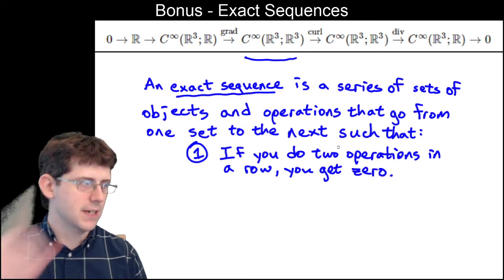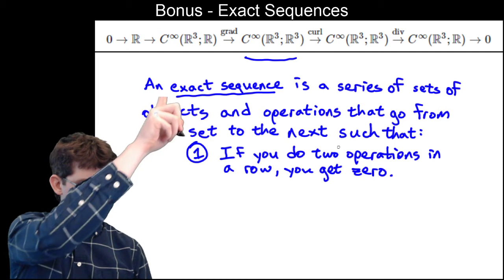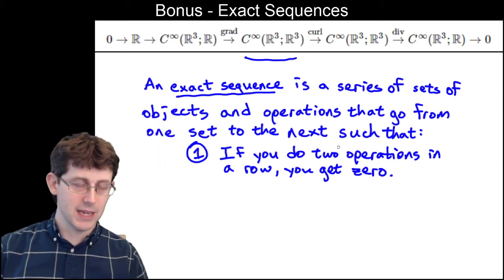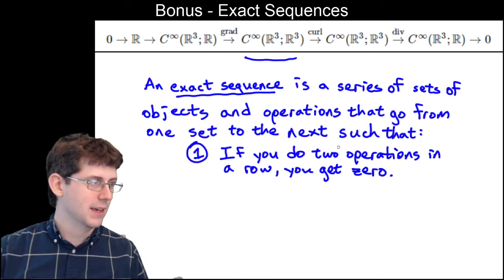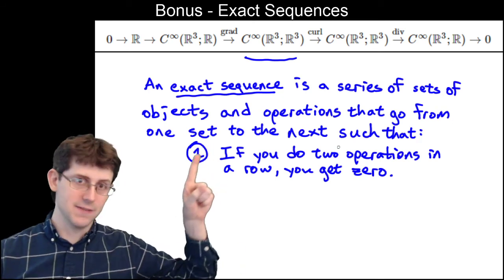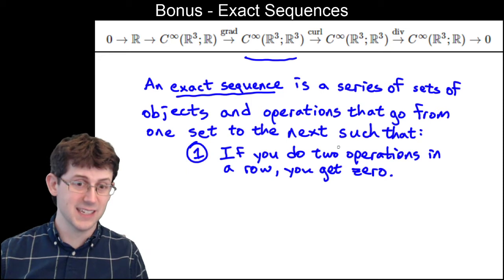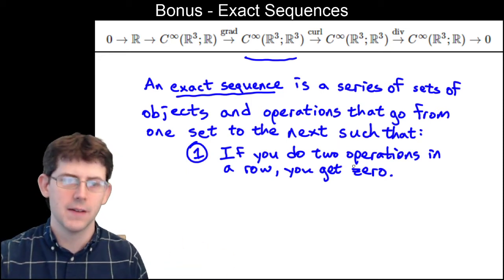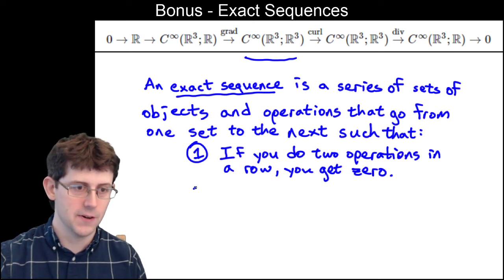So up here, I've got functions on space. There is a function on space that just gives you 0 everywhere. And then there's a 3D vector field. There is the 3D vector field that's just 0 everywhere. There's no wind. If you do 2 operations in a row, you get 0.